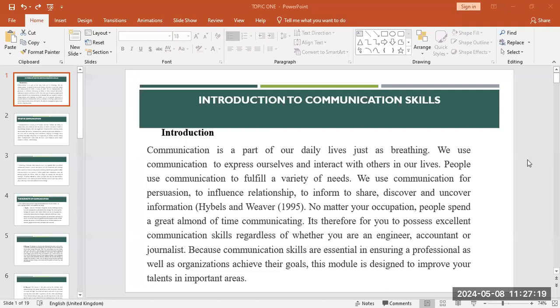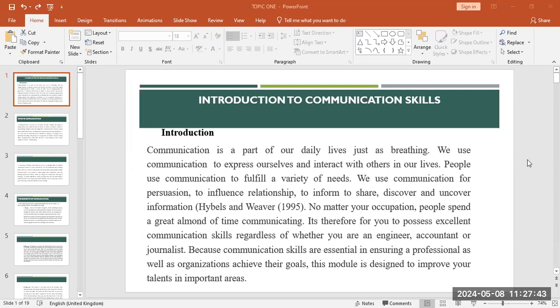And also we use communication to fulfill a variety of needs. For example, if you're looking for a job, you will write a cover letter, a CV, and you will put them in an envelope and send them to a certain organization. So you are looking for a job.